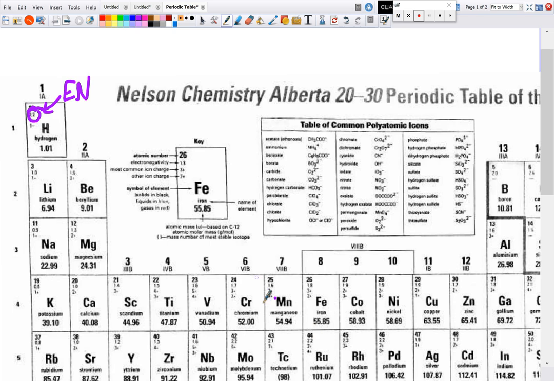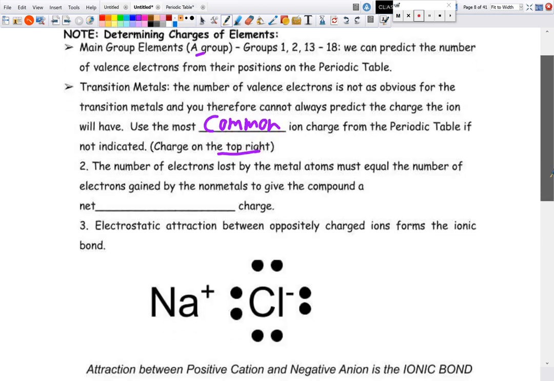For example, manganese is 2+, so if you don't know what it's going to turn into, we assume 2+. Chromium 3+, iron 3+, cobalt 2+. If it tells us we have nickel 3, obviously we need to use the 3+ charge. But if it's not given to you, assume the most common.